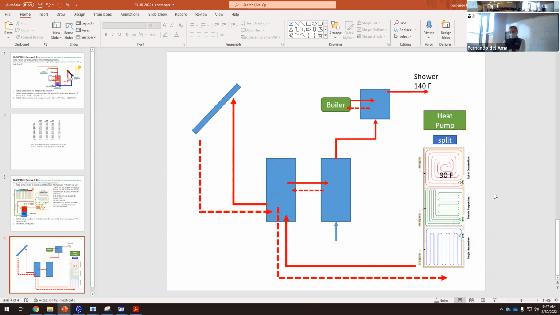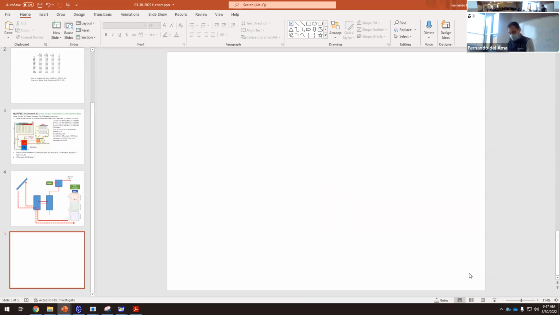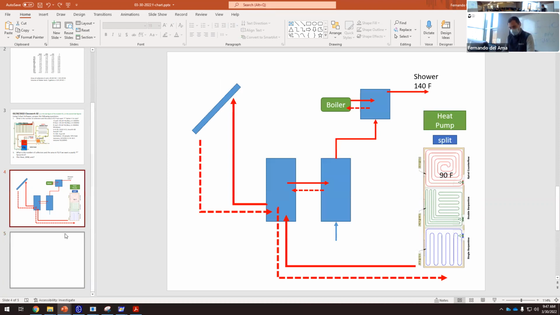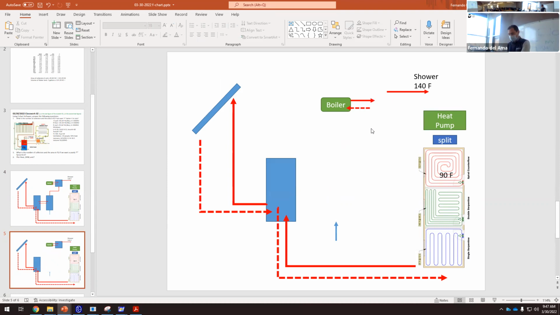It's too complicated. So if we want to do something like that, I will try a different option. Okay. So imagine that we simplify this and we just have one tank. So we can bring this boiler here.